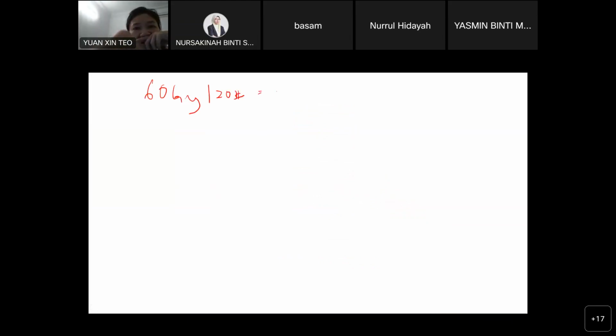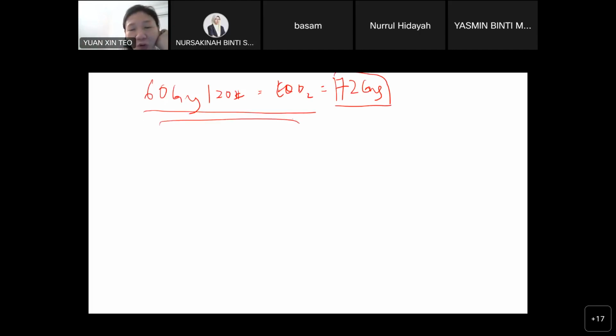You got the answer? Okay, 72 gray. So the patient actually received 72 gray. This is just the total dose the patient received.